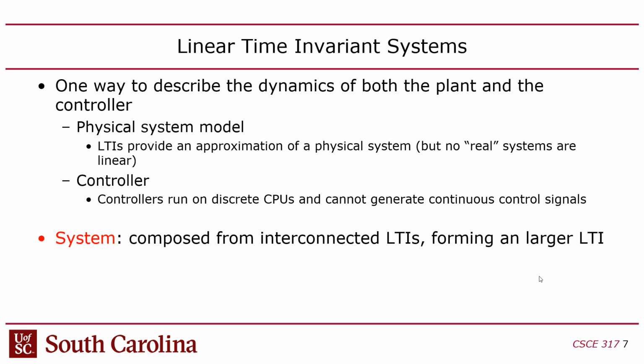Okay, so now this is where we get into the whole question of continuous versus discrete. Plants are usually physical things, physical phenomena, physical devices, all of which are governed by differential equations, basically.